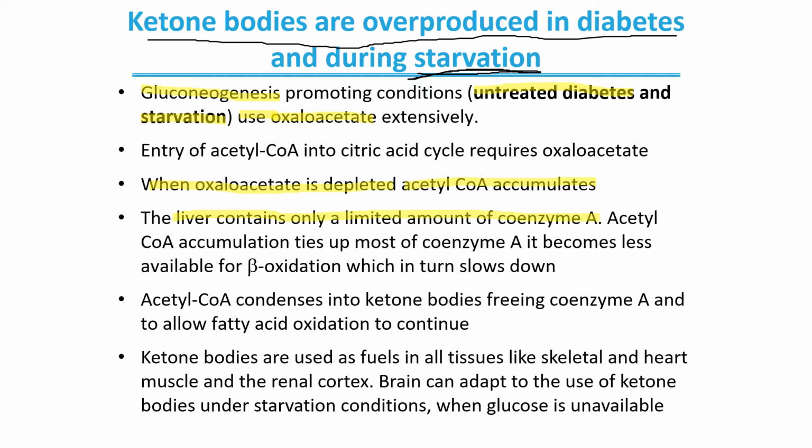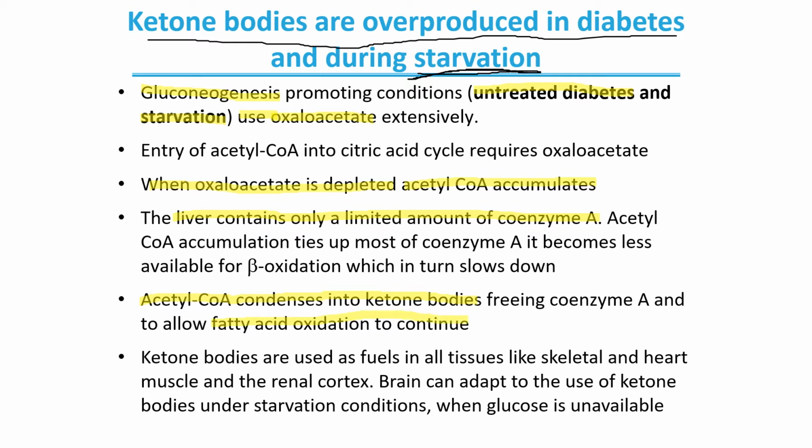Therefore, for the citric acid cycle, we need acetyl-CoA plus oxaloacetate to start. But in these conditions, we do not have the oxaloacetate, so acetyl-CoA accumulates and is not being used up. One way the body uses this acetyl-CoA is to condense it together and make these ketone bodies, and therefore the coenzyme A will be freed as well, and later can be used for fatty acid oxidation, so that will continue as well.